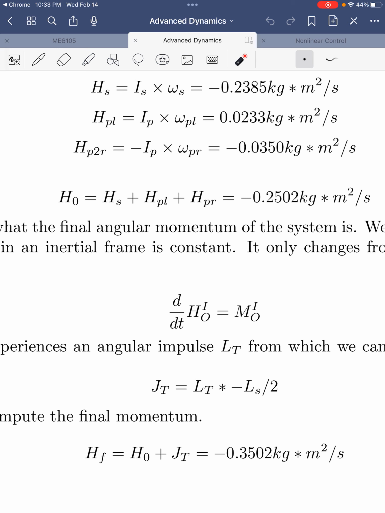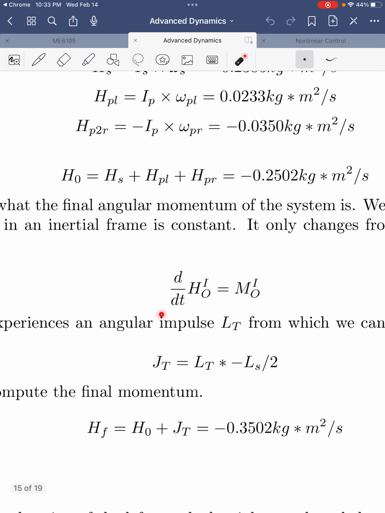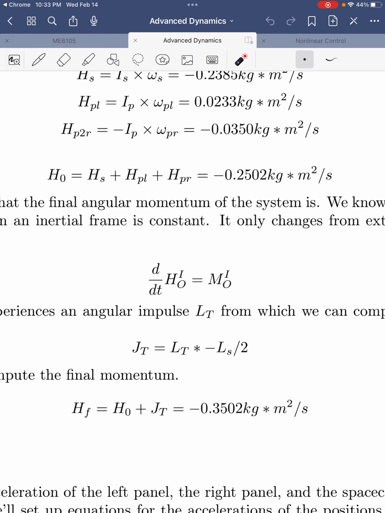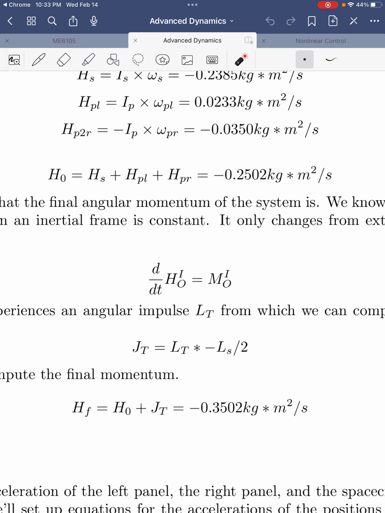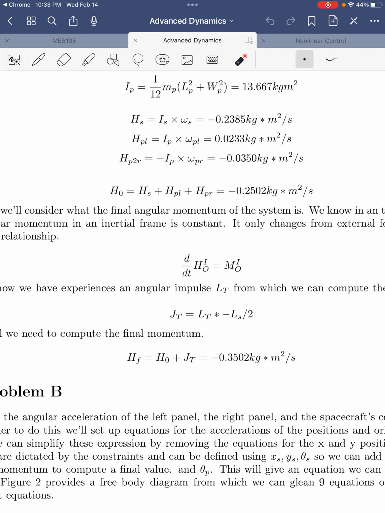We'll calculate that using the actual impulse and the moment arm that it's acting over, and so we get this value JT. We add that angular impulse to the initial angular momentum to get the final angular momentum, since that'll be conserved in this torque-free system. And this is what we get.